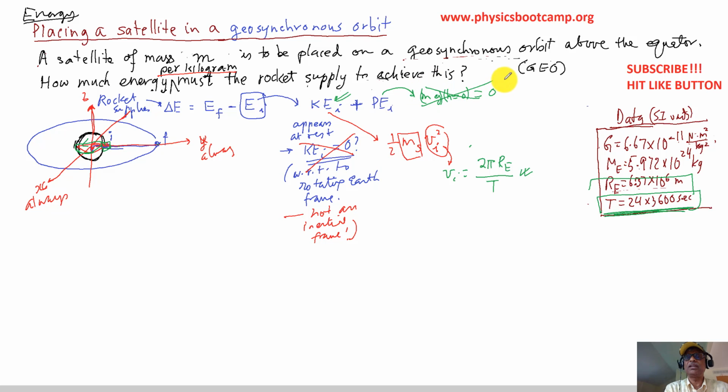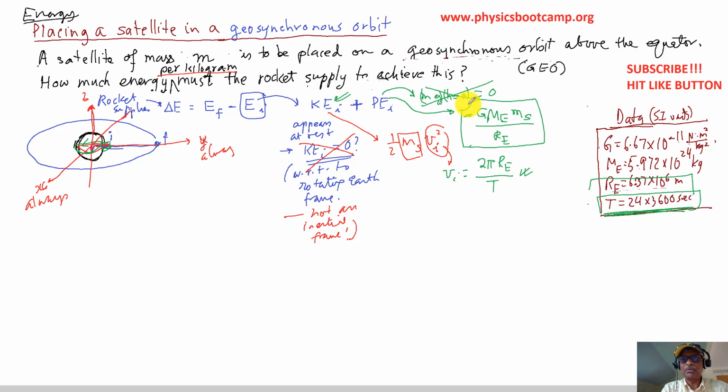We can't use this, okay? So we have to use the full Newtonian formula: minus G, mass of the Earth, mass of the satellite, over the distance, which is the radius of the Earth from the center. This minus is important because at infinity, if you have a satellite infinitely far away, that is the 0 of this potential energy formula. So this minus is important.